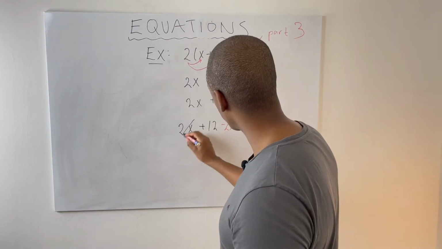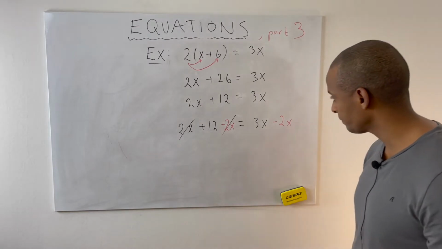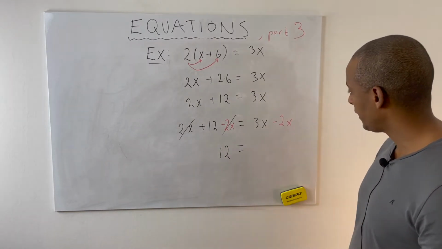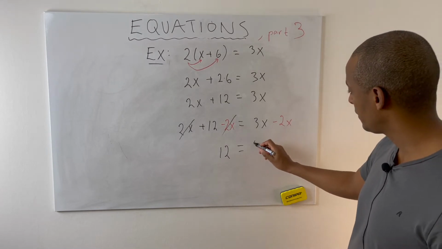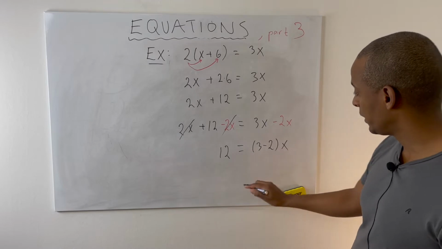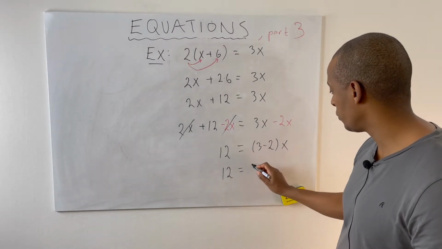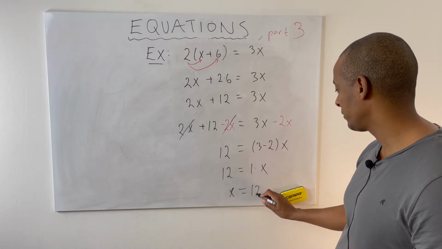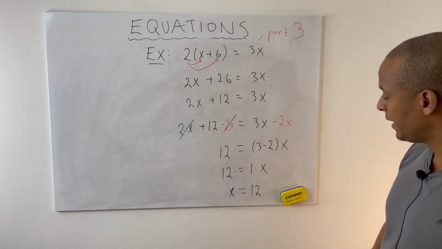And these two cancel out, so we only have 12 left here. And here we have 3x minus 2x. Well, that's equal to 12 is equal to 1 times x, or x is equal to 12, okay? And that's the solution.